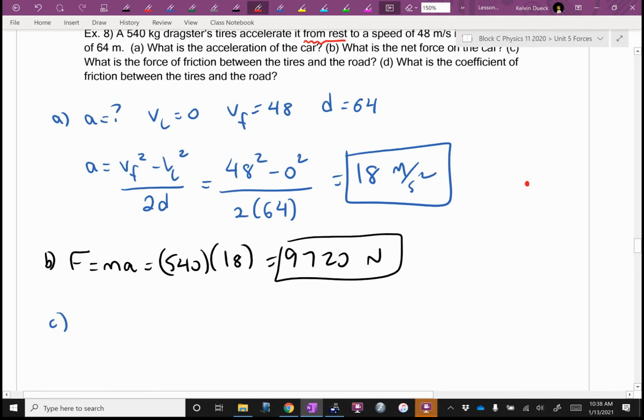What are the forces acting on this dragster? Get the obvious one. What else? Which way is it accelerating? So definitely has to be an unbalanced force pointing that way.